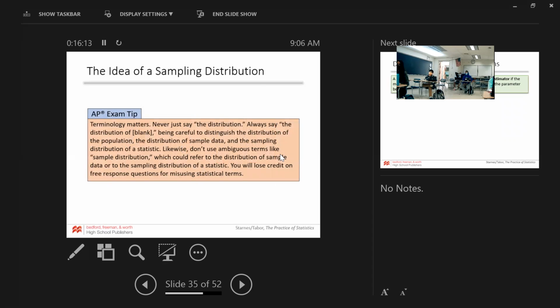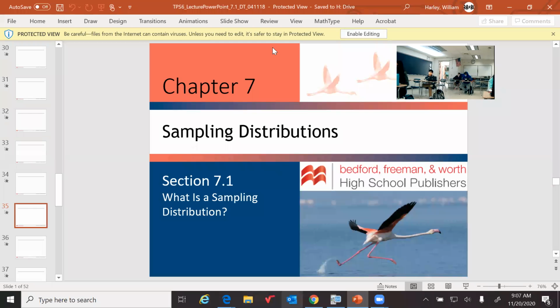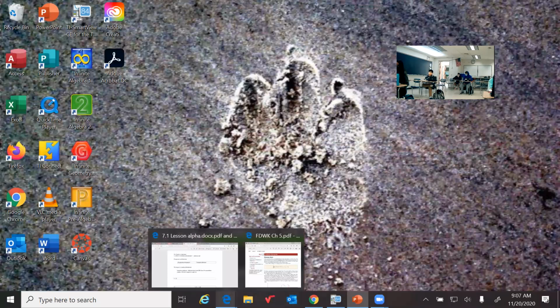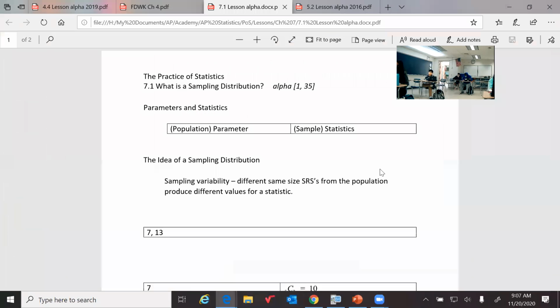And then another tip. Okay. So this is what we're trying to point out to you. Different SRSs of the same size. I don't think that's very good grammar here.